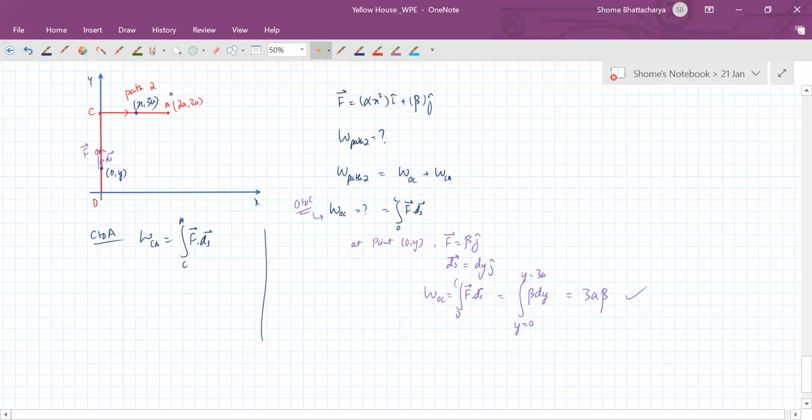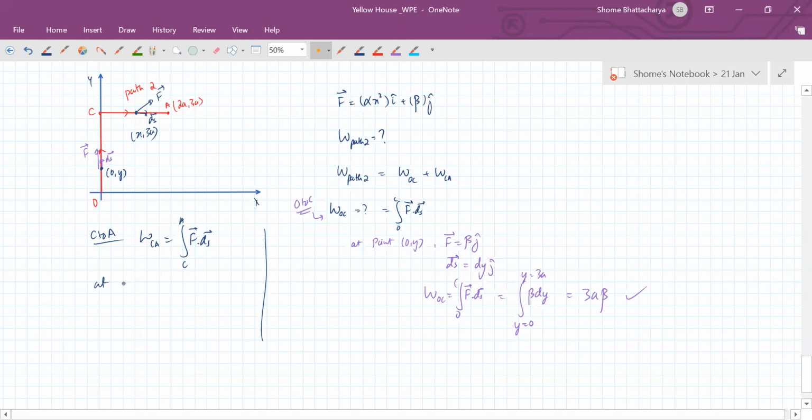Okay, so the force has a general value like this, and the displacement has an x component only.